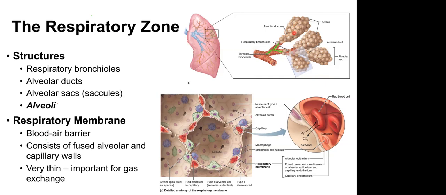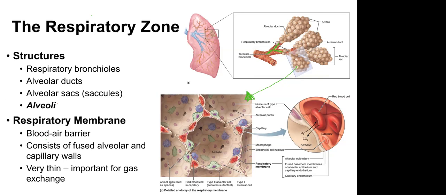The alveoli, so the little ball structures that you see, we're going to cut one of those in half and look at the inside of it, and that's kind of what you see here down in this picture. So we're taking the alveoli and pretty much cutting them in half so that we can look inside of them.